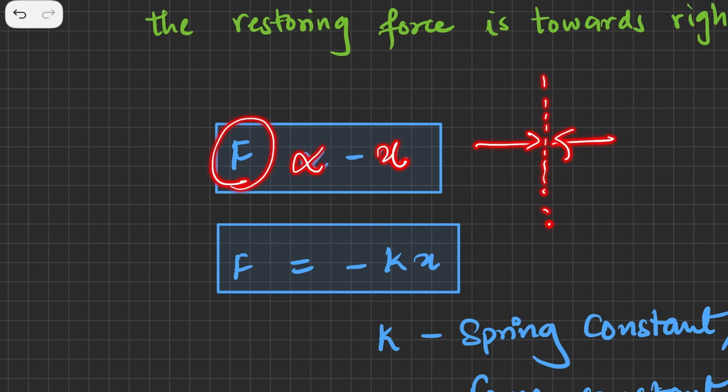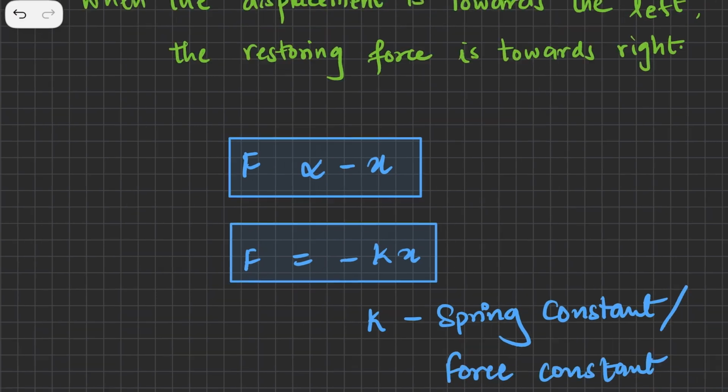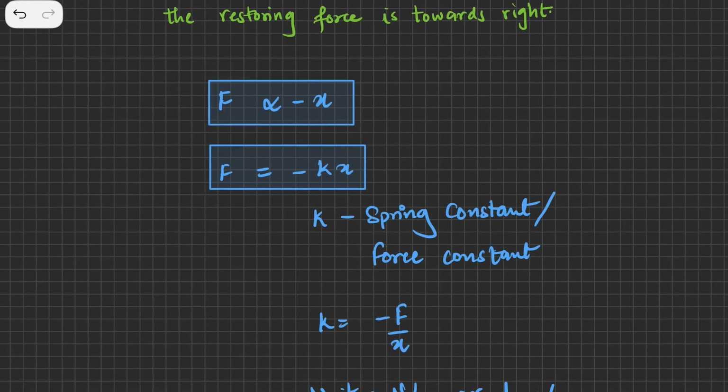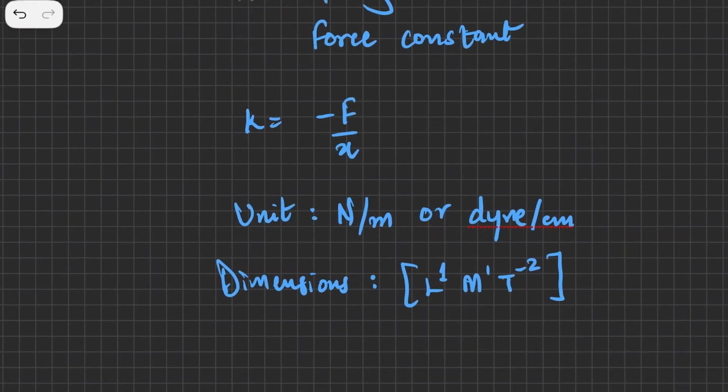So just go through this. That's the definition for linear simple harmonic motion. Maybe in the next video, because this video is becoming long, I would write that definition somewhere and give you a screenshot.